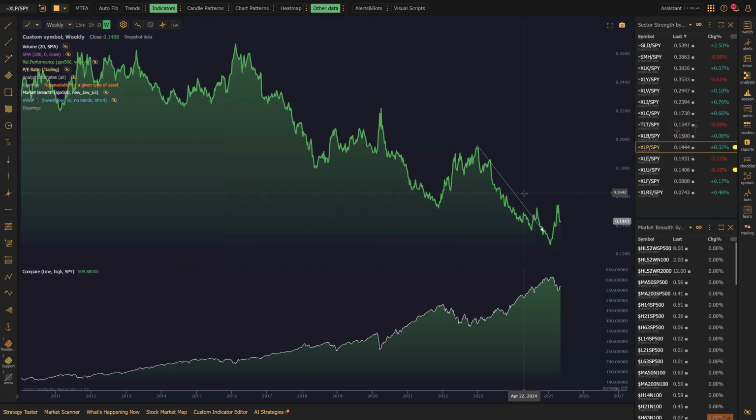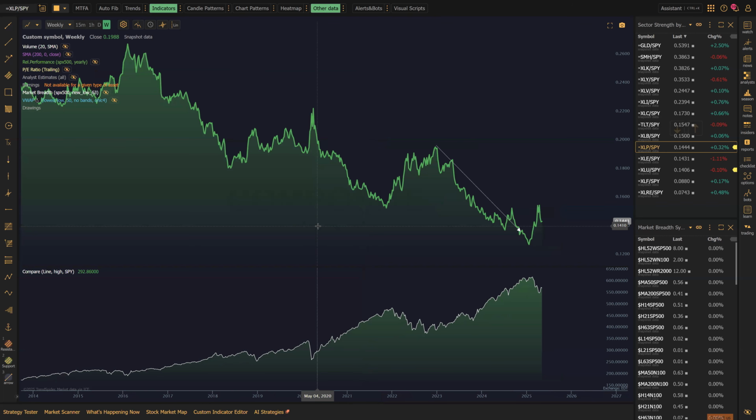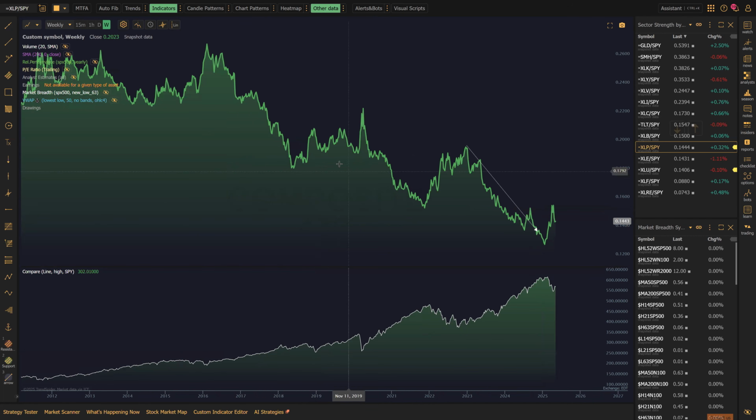And another good one that I like to use for a bottom signal, a risk-off signal, is XLP, which is consumer staples. So when people are buying XLP, the stocks within XLP, it's generally signaling a risk-off type of event. And so similar to GLD, just keep an eye on these. It's really good to have.